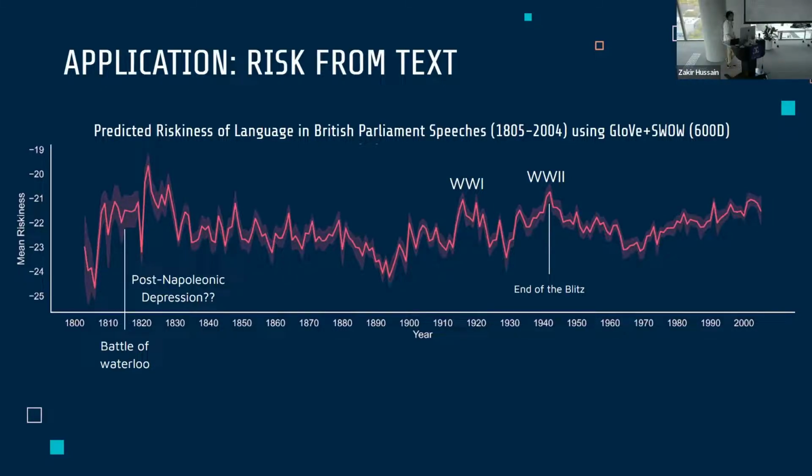And I think this just points to the fact that this isn't a perfect approach. There's a lot of messiness in the data. Some of the messiness comes from the fact that, if you're asking why since 1960 things seem to have been getting riskier, it's possible that British MPs have been speaking as if things are getting riskier.